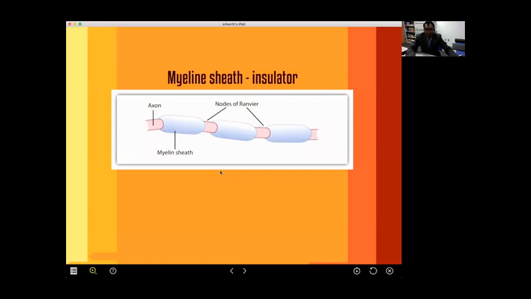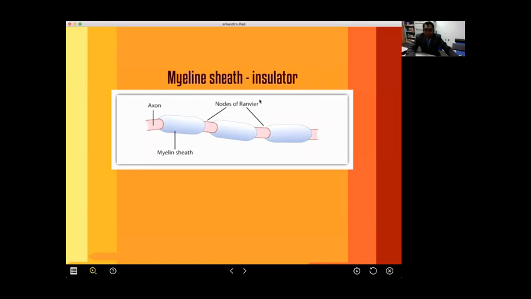The myelin sheath acts as an insulator, but you can see that the axon of this given neuron is not completely covered by the myelin sheath. In fact, you see some openings here and there. These uncovered parts of myelinated axons are often referred to as the nodes of Ranvier.